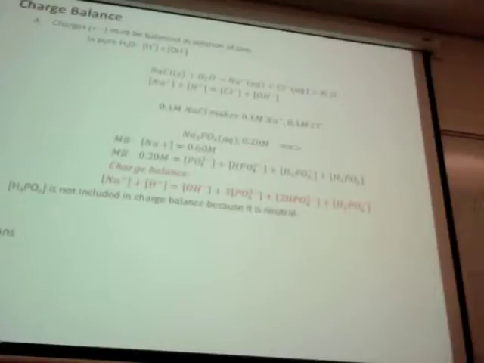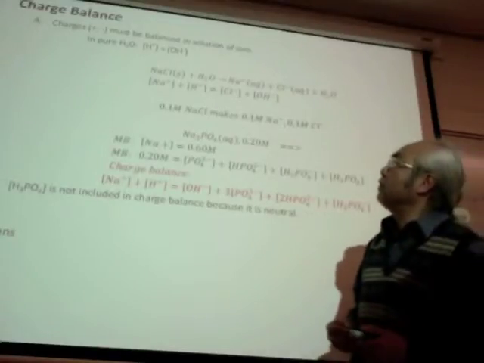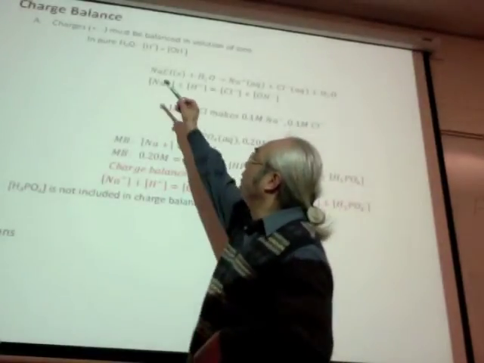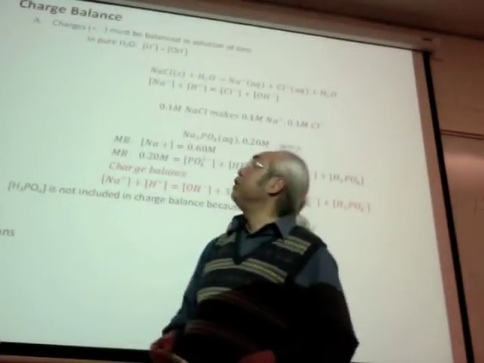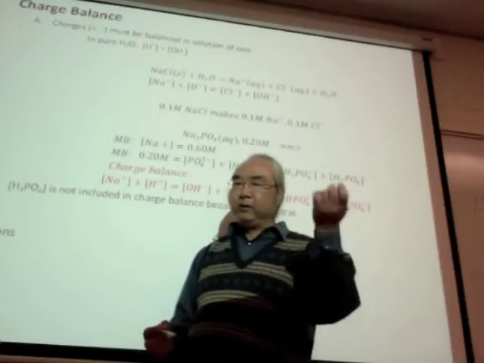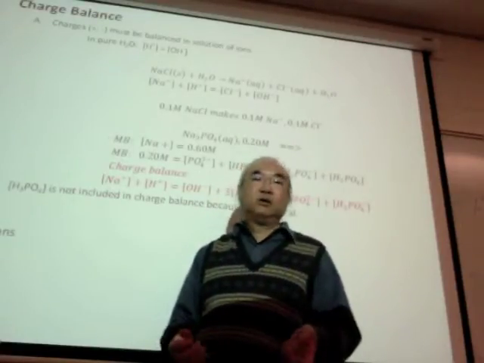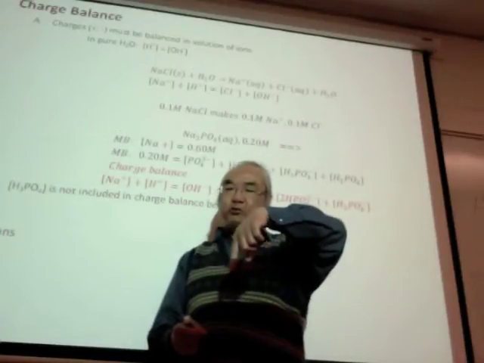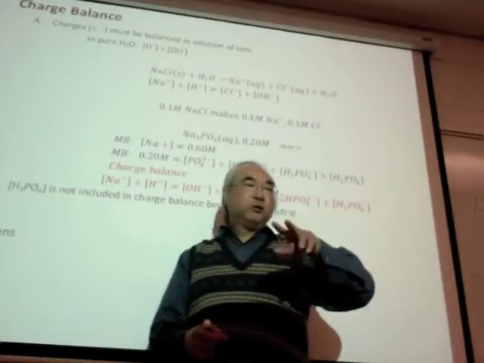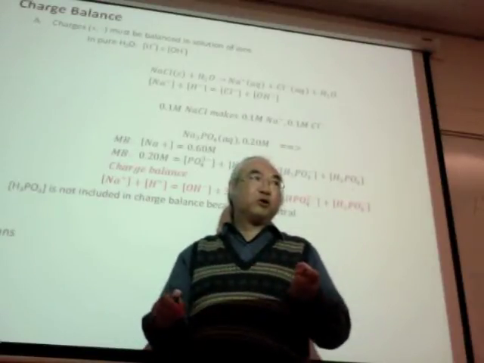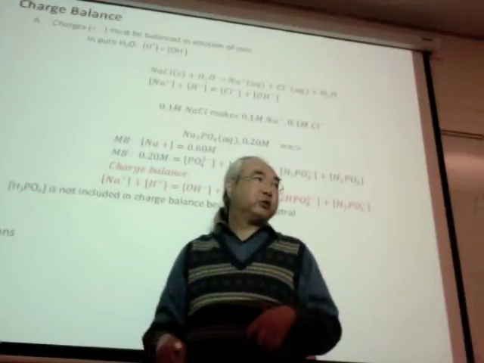Now, another one is called charge balance, based on charge. In a solution, you're going to have plus ions as well as minus ions. In one neutral solution, the total plus charge must be equal to the total negative charge because the whole solution is neutral.